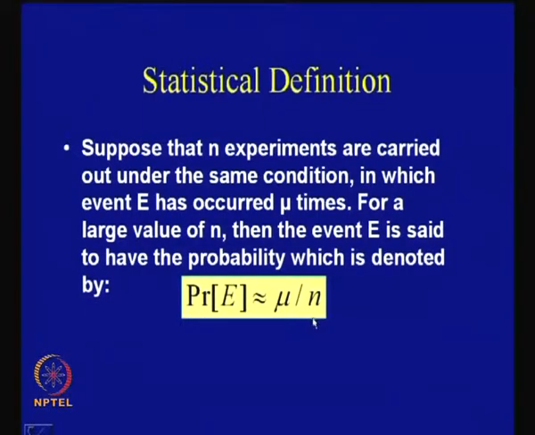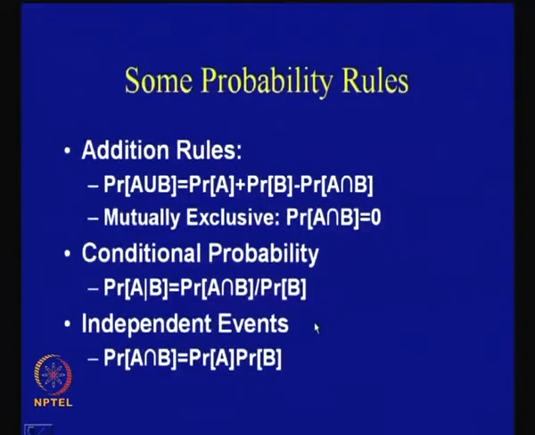So instead of computing the probability by finding the outcomes and the number of possible ways these outcomes can come, we can keep on repeating the experiment. If we have repeated the experiment a large number of times, and a particular event has occurred mu times, then we can fairly approximate its probability by the ratio mu by n. So this is a statistical definition and often useful for analysis.